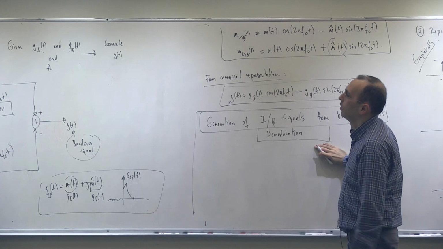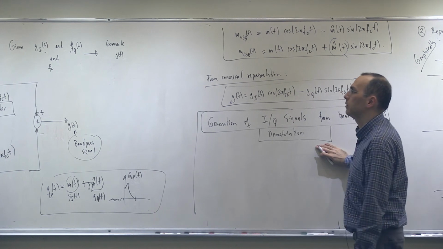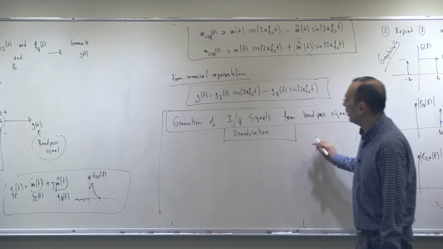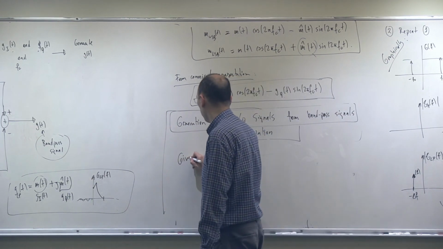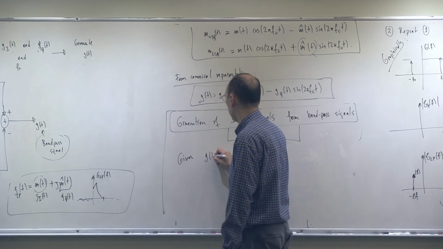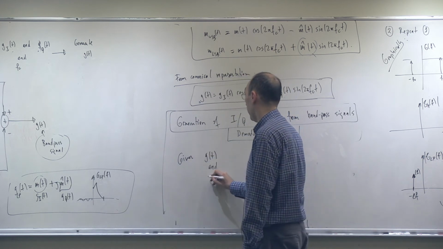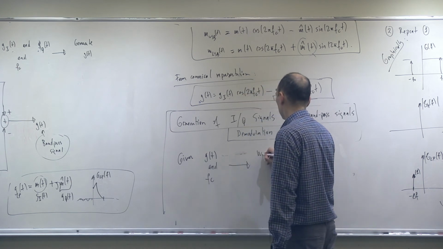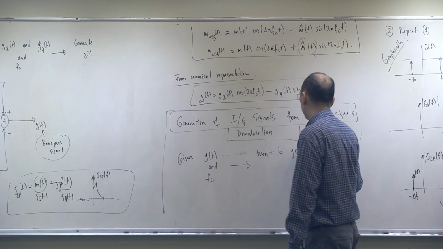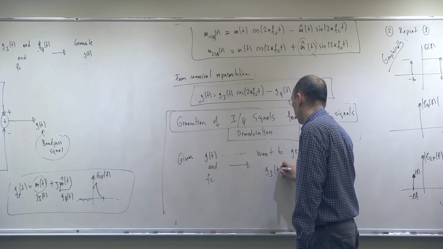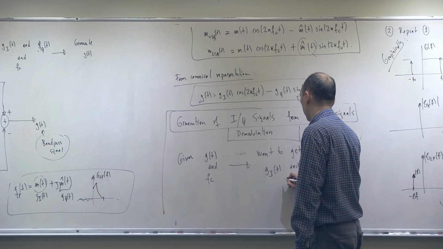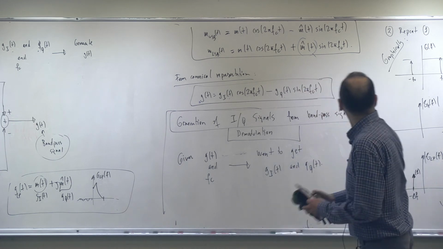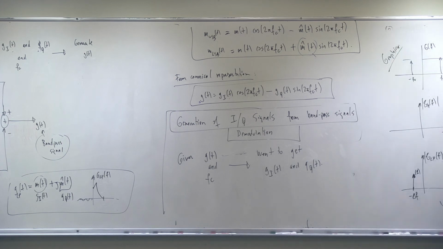It can be different than that. It can be other modulations. Now, how about the demodulation? In demodulation, the problem is: given this time g of t and fc, we want to get the in-phase component and quadrature-phase component. So there will be a similar block diagram.